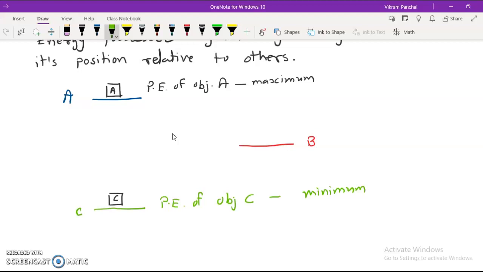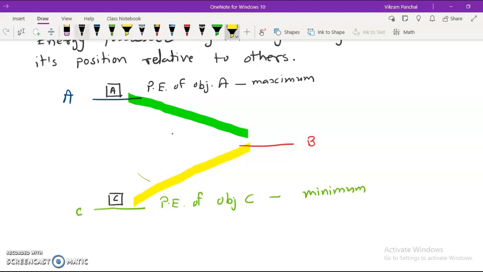Okay. Now we can transfer these objects from different levels to B level. So object A is brought to B level via this route. Similarly, object C is brought to B level via this route.